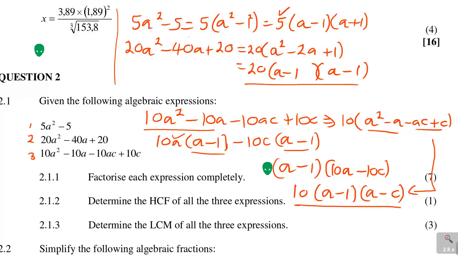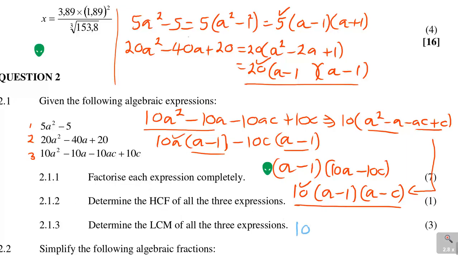I have a 5, I have a 20, I have a 10. So we're looking at a number that can go into 5, into 20 and into 10. That number for the HCF is 5. You look at the smallest number. 5 can go into 5, 5 can go into 10, and 5 can go into 20.